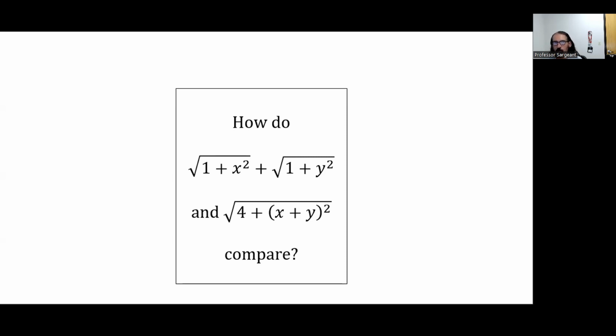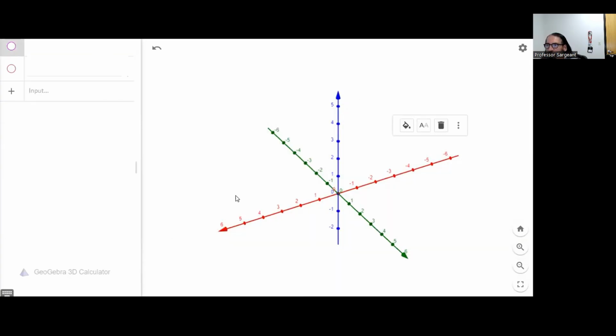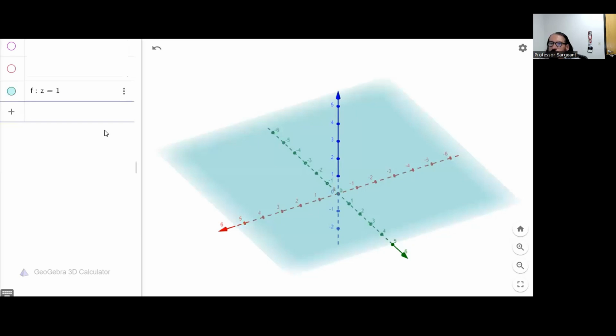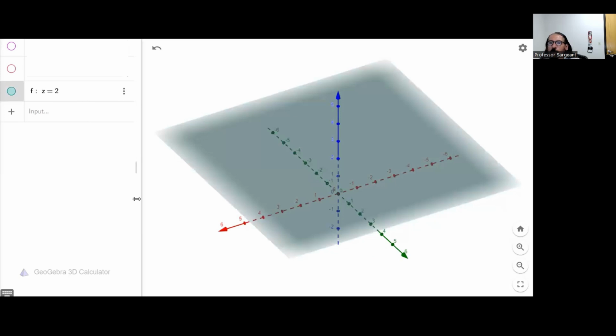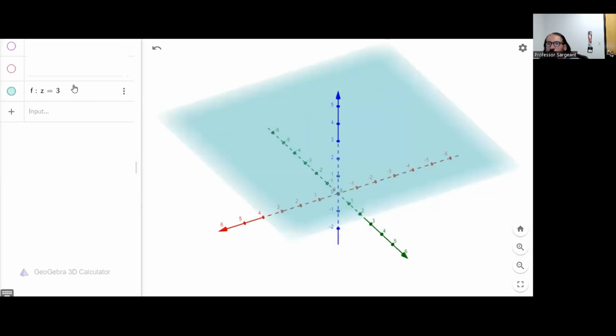What if instead we introduce a third variable, z, and graph three-dimensionally? It's not immediately obvious that the one in blue is the z-axis, but if I were to put in one more thing here, check out how a constant value of z is moving up along that blue axis.